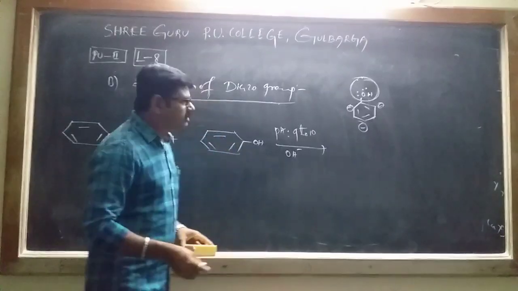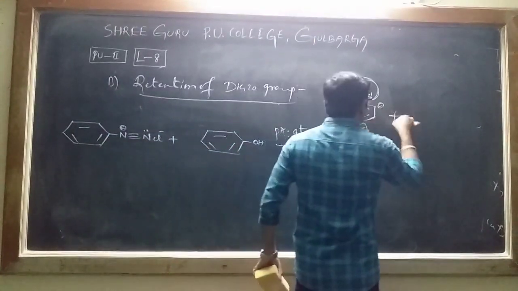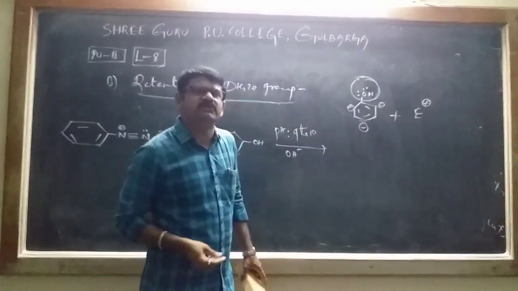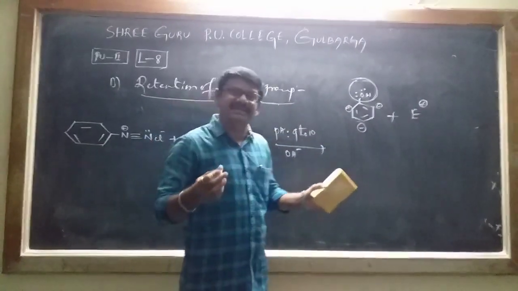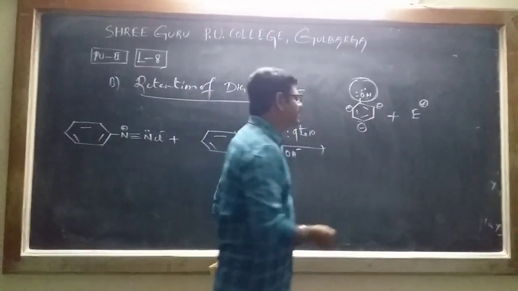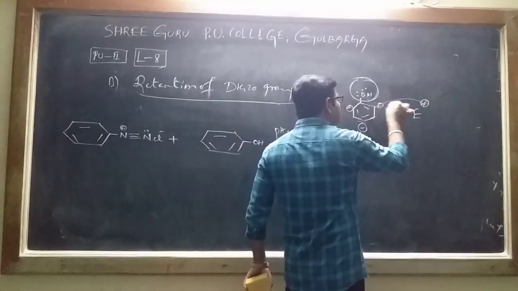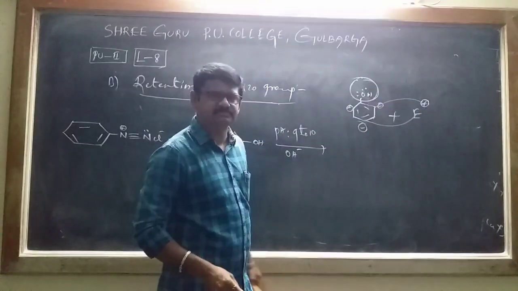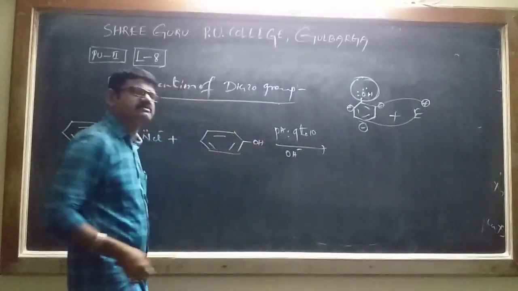Now what happens? Suppose any electrophile should attach. Generally, where will the electrophile come and attack? Where the electron rich center is there, then only obviously electrophiles will come and attack. So electrophiles should come and attack at the ortho as well as para position only. In the case of phenol, the same thing happens.